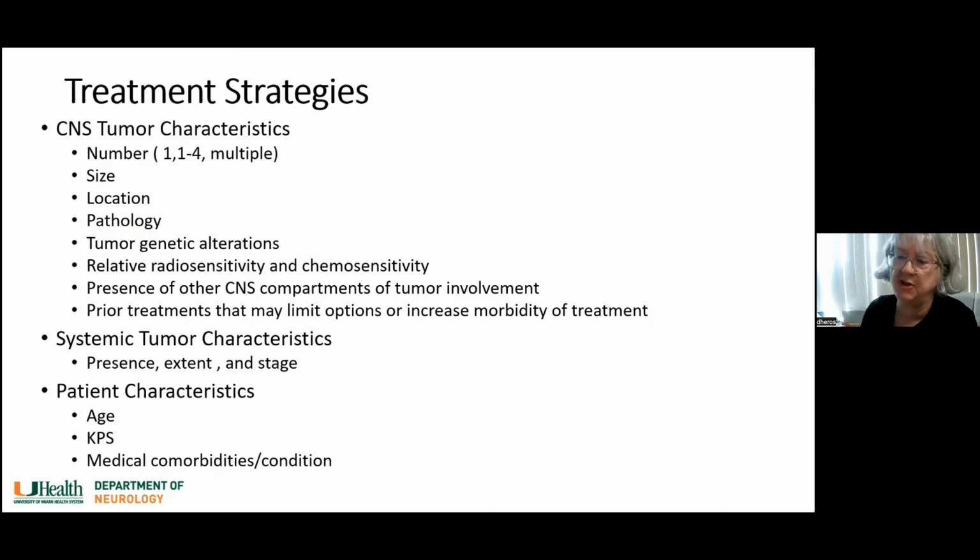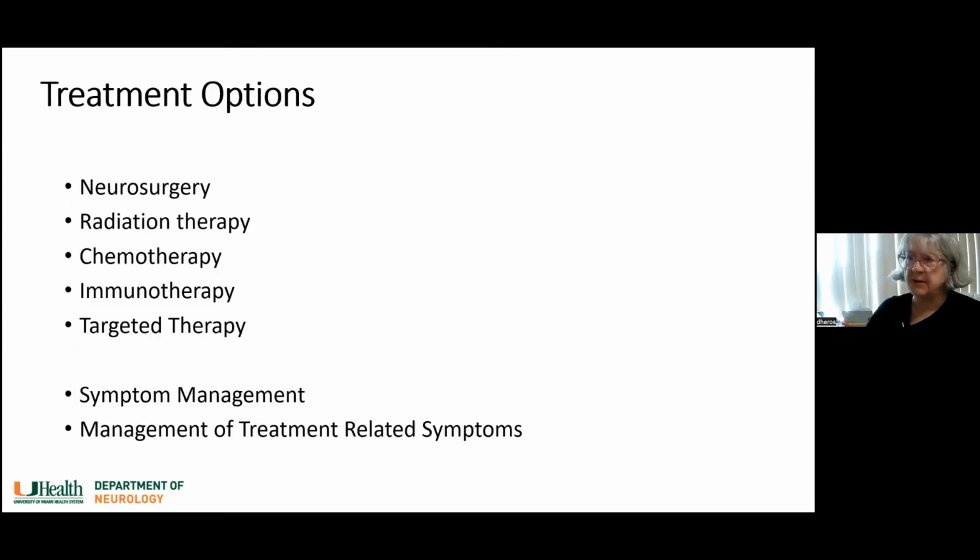And of course, the patient characteristics: age, neurologic performance, and other medical comorbidities. So all the subspecialties are involved in providing treatment options for metastatic brain tumors. And all of the subspecialties are identifying new treatments, and that's why it's so important for a multidisciplinary tumor board to exist and to work in a multidisciplinary way in developing treatment options.